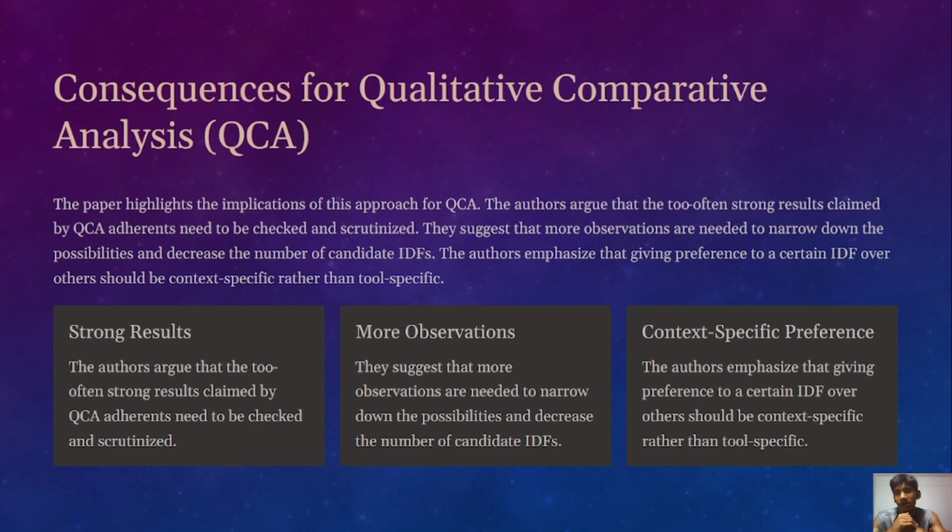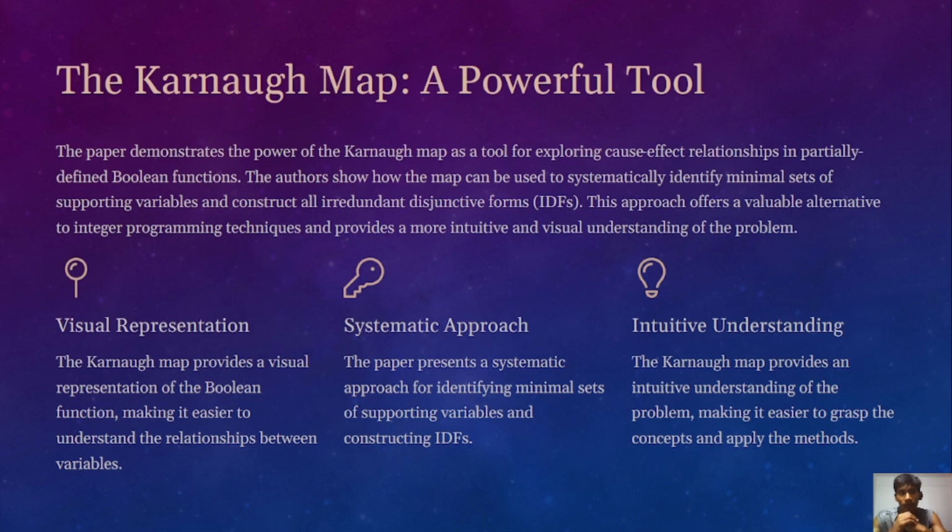The author emphasizes that the preference given to certain IDFs over others should be context specific rather than tool specific. The K-map is a powerful tool. The paper demonstrates the power of the K-map as a tool for exploring cause-effect relationships in a partially defined Boolean function.